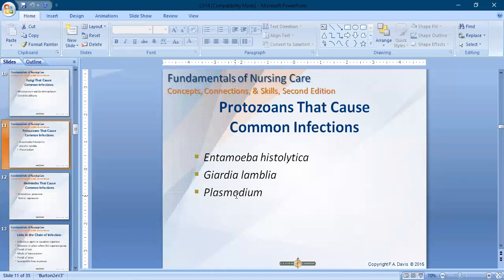Plasmodium causes malaria, right? The mosquito is the organism that transmits the disease. Giardia lamblia causes bad diarrhea or GIT problems, or Entamoeba histolytica also causes GI problems. It's called Entamoeba. It looks like an amoeba, histolytica, right?